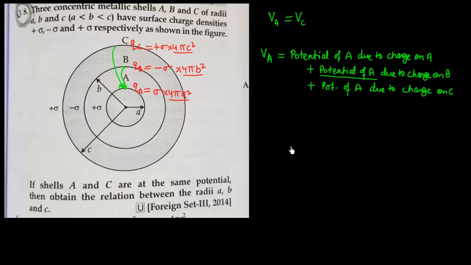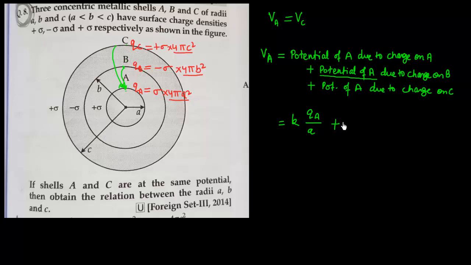So we know that the potential of A due to charge on A is K QA upon its radius, plus the potential of A due to charge on B. Whatever the potential of B is, it has the same potential on A. I mean the potential of A due to B is the potential of B itself.